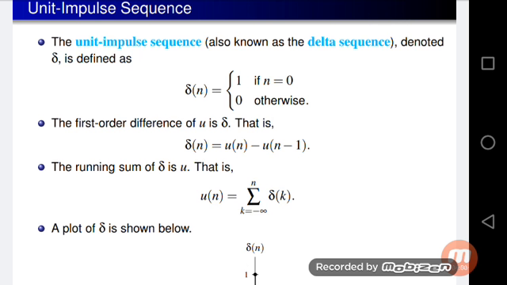Next one is unit impulse sequences. The unit impulse sequence is also known as the delta sequence, and it is denoted as delta.